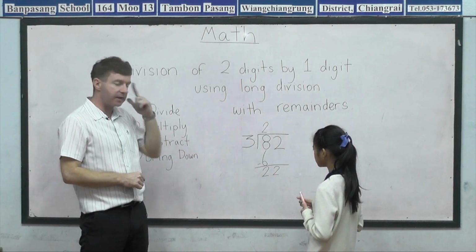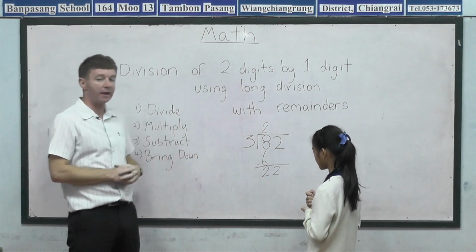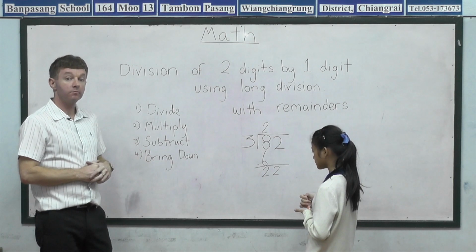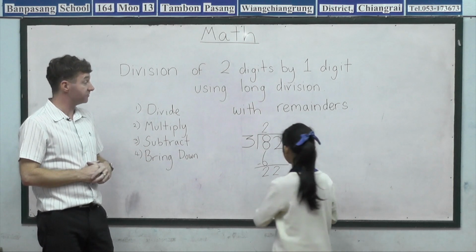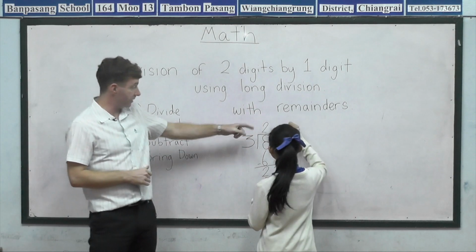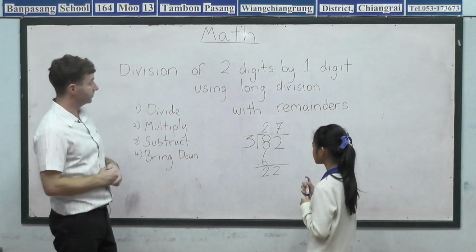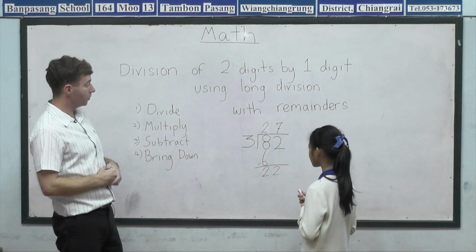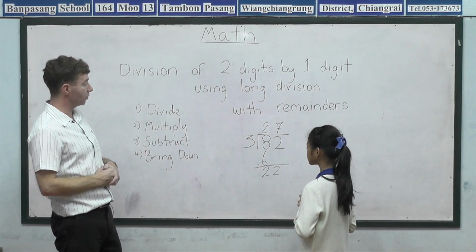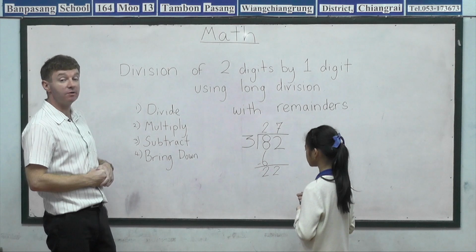So we have to think, how many times will 3 go into 22? 7? Sounds right to me. So we can write 7 here, yes? Okay. So now we have an amount. But what we need to do is work out if we have any remainders.